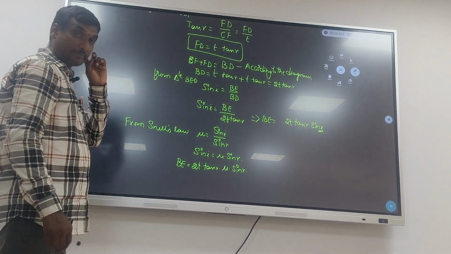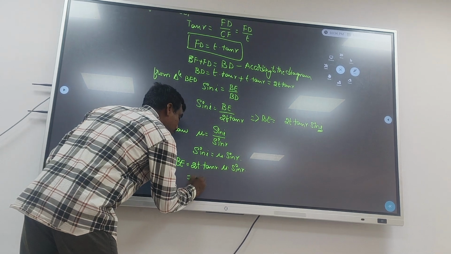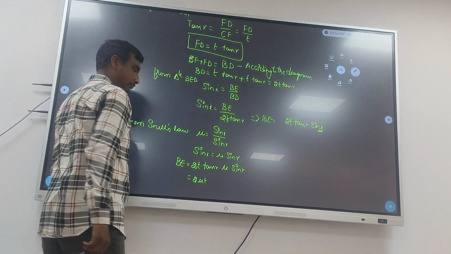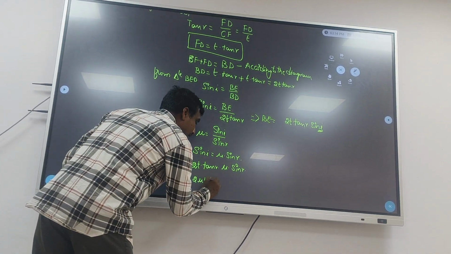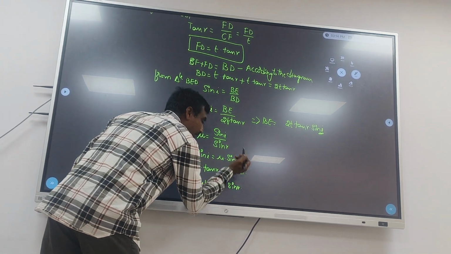Okay, understand? Right. So this can be written as 2 mu t tan r into sin r.